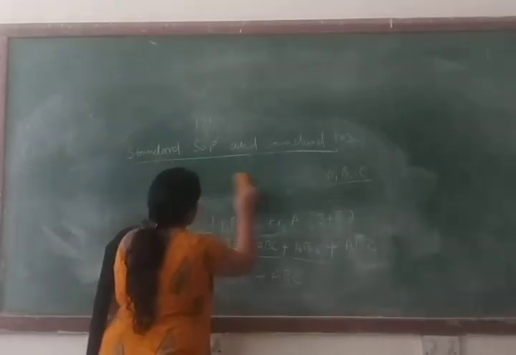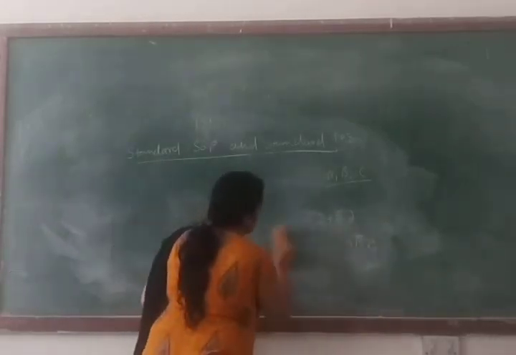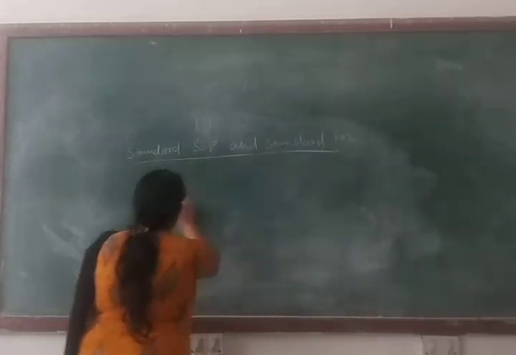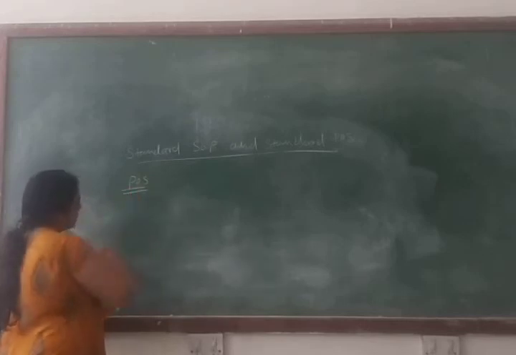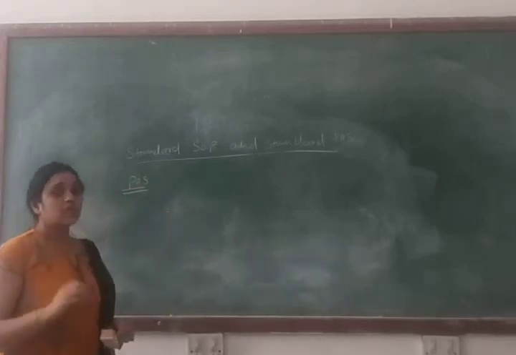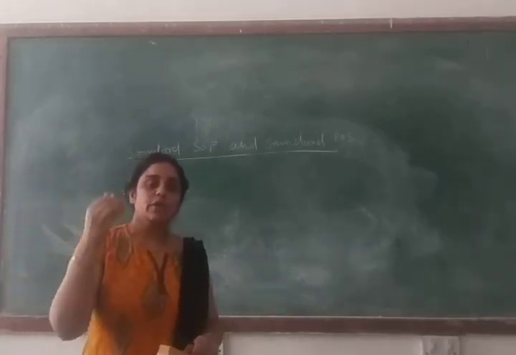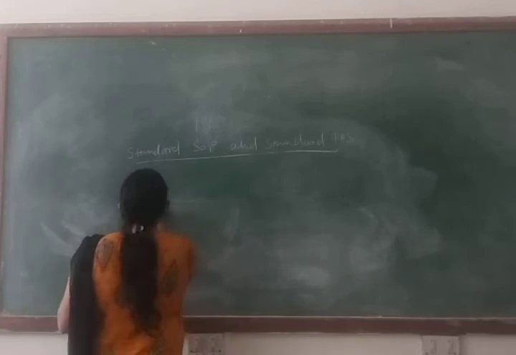Now we will take an example for the product of sum form. So first we will write the example for POS. And what is POS? POS means product of sum form. So basically we are performing the ANDing operation between the sum terms.